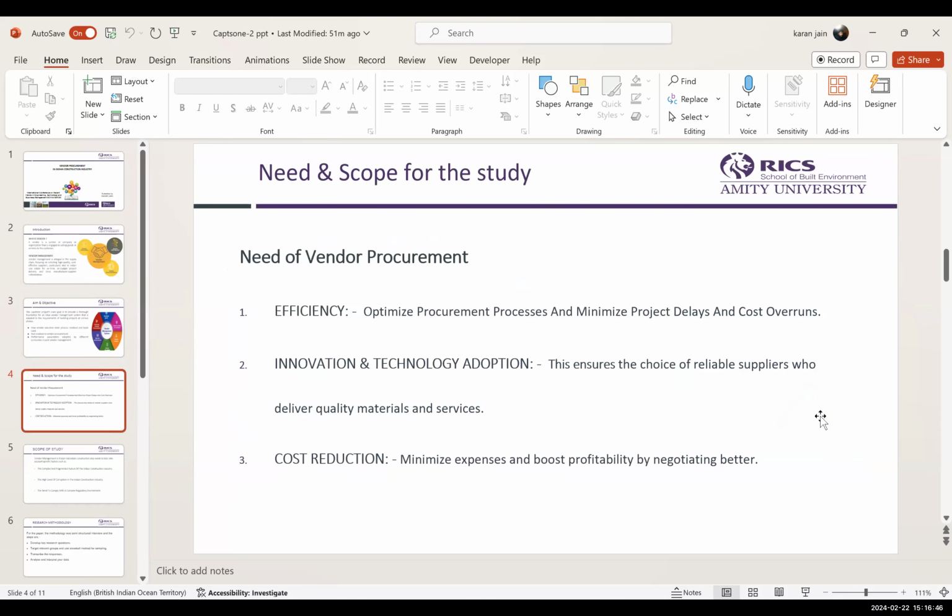The need for vendor procurement: first is efficiency, to optimize the procurement process and minimize project delays and cost overruns. Other is innovation and technology adoption. This ensures a choice of reliable suppliers who deliver quality materials and services. And last is cost reduction, to minimize cost and boost profitability by negotiating better.